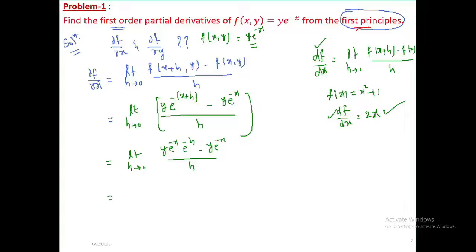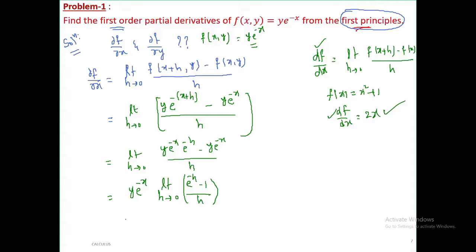Therefore, remaining all are constants. Let us take y into e power minus x common here. I am sending that outside because it is irrespective of the limit. The limit is only for h. Therefore, h terms you write inside: limit h tends to 0 of (e power minus h minus 1) divided by h. This will be left after taking y into e power minus x common in the numerator.